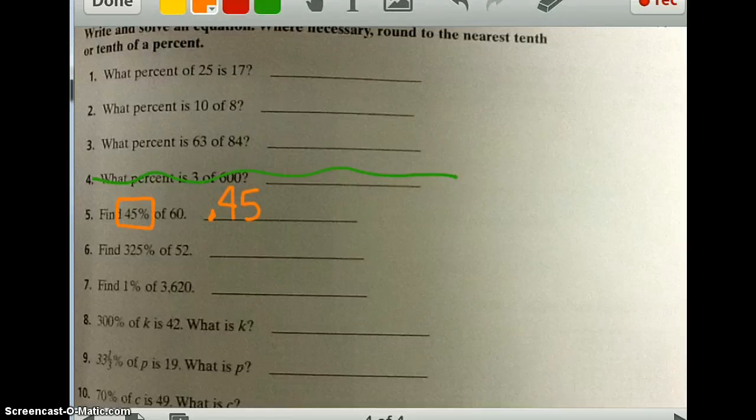Then of 60 equals whatever it will be. So these are the ones that are really easier as an equation, if equations work for your brain. So when I do that, I just get 27 and done. This next one, 325%. So 3.25 of means times 52.